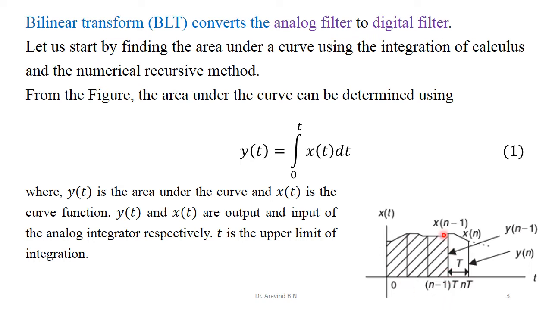From this diagram, the curve under consideration is represented in terms of integration by y of t is equal to the integral from 0 to t of x of t dt, where y of t is the area under the curve and x of t is the curve function. Also, y of t is going to be the output and x of t is going to be the input, and t is going to be the upper limit of the integration. Let us call this equation 1.